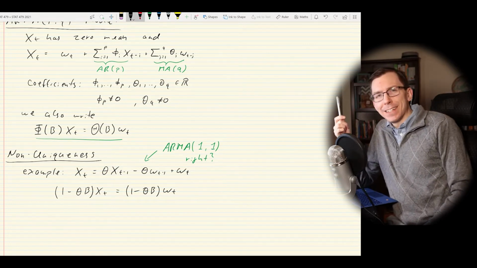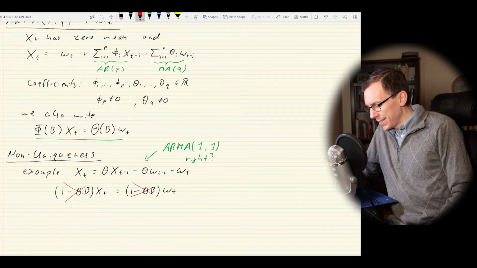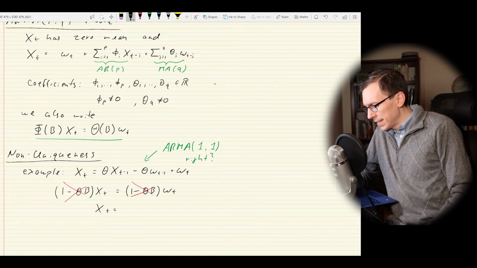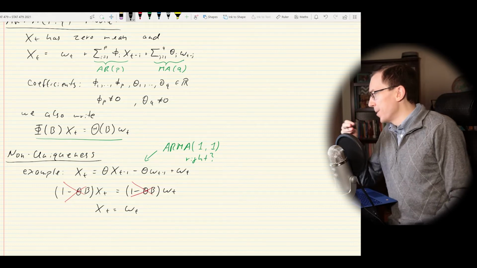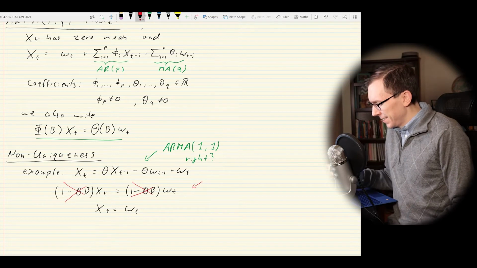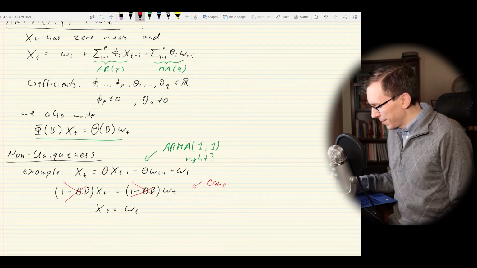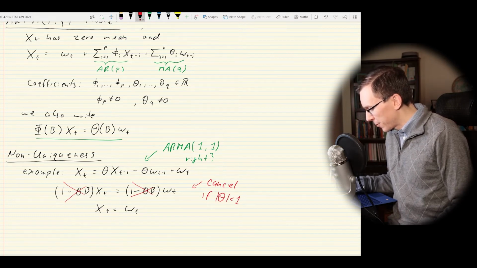So we actually have the same operator on each side. What we want to do is cross these out and say x_t is equal to w_t. I should make that more precise: they cancel if theta in absolute value is less than 1.